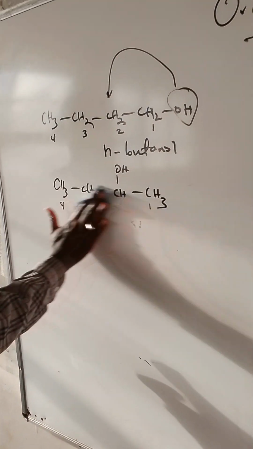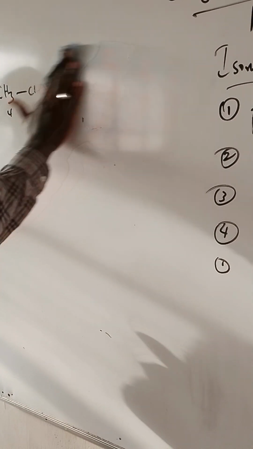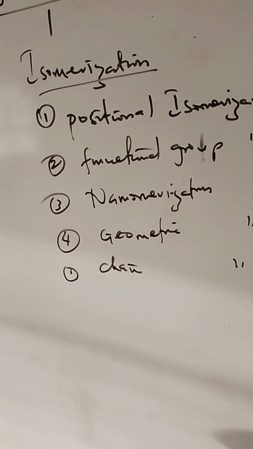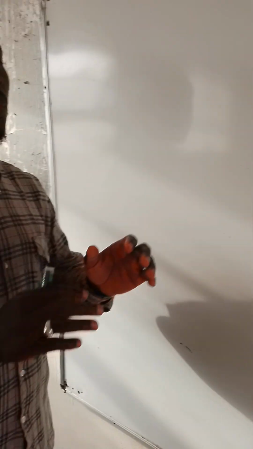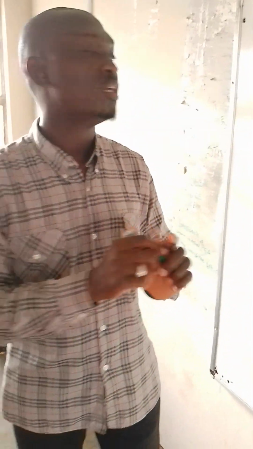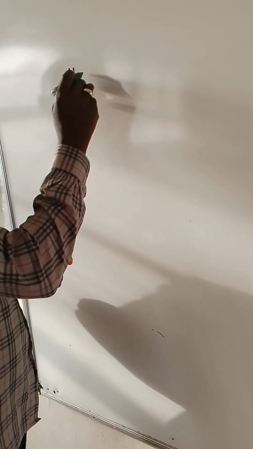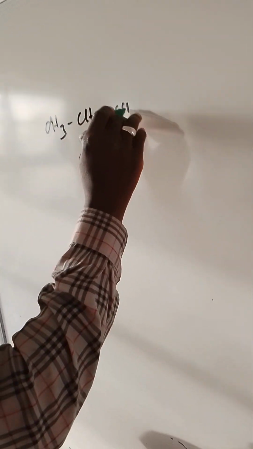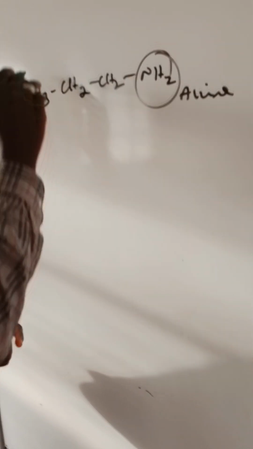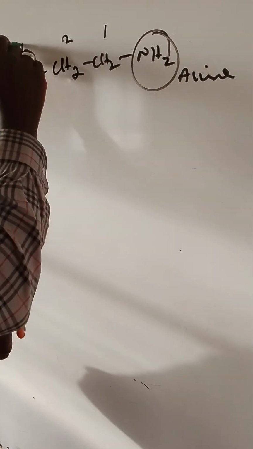And based on this, we proceed to functional group isomerism. When we talk about functional group isomerism, we talk about the isomerism that specifically deals with the functional group, respectively. For instance, we have CH3, CH2, CH2, NH2. This is a family of amine. And to name this compound, you count 1, 2, 3.